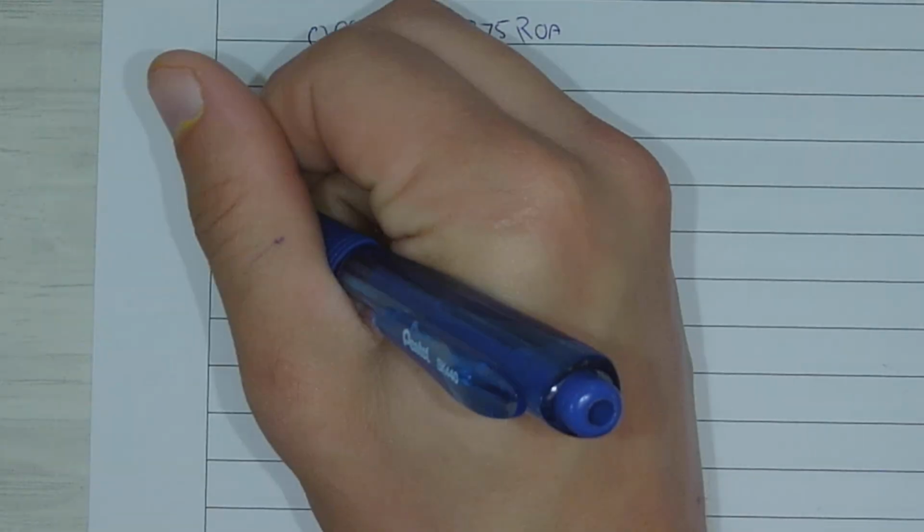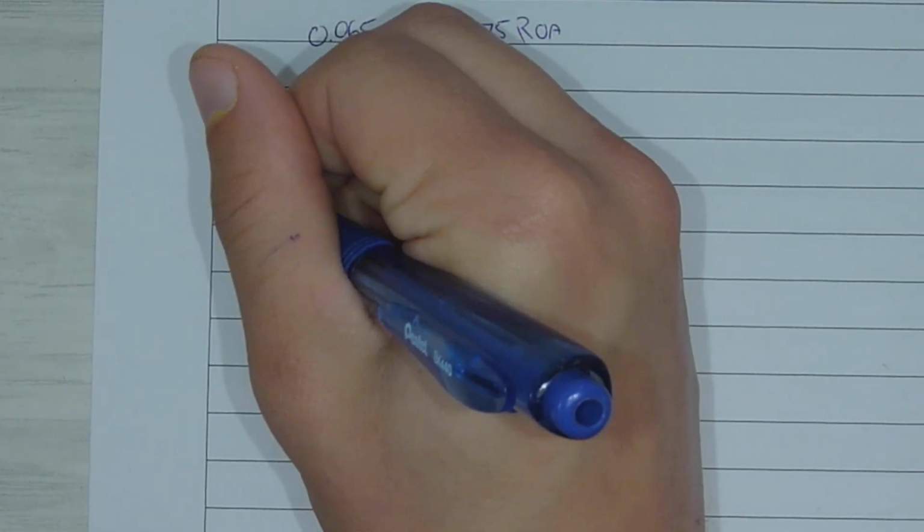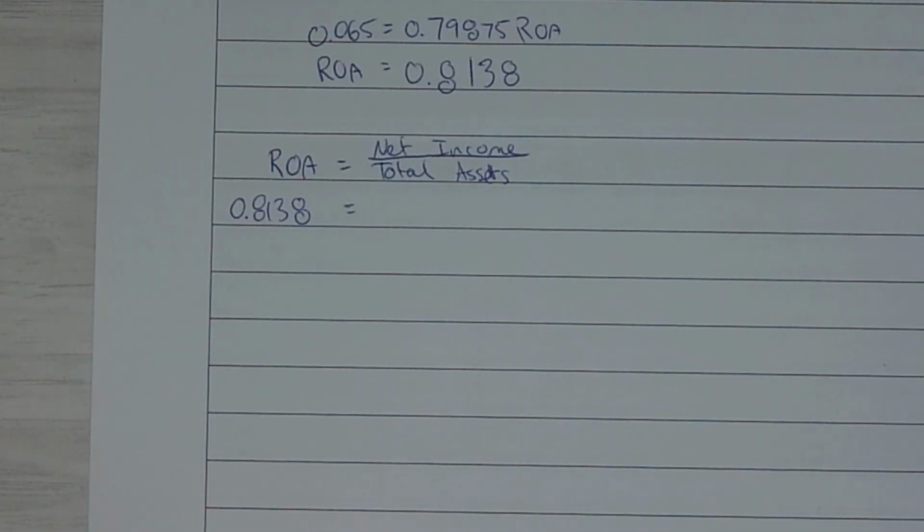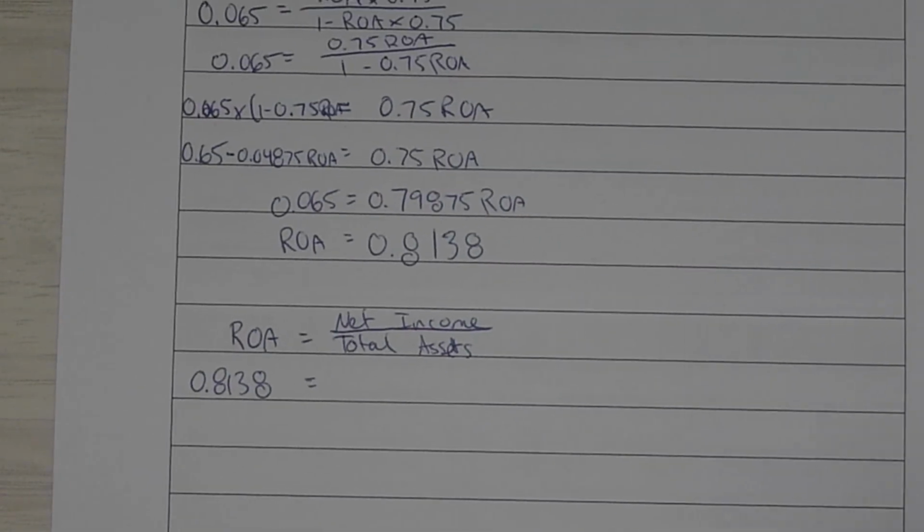So our ROA is 0.8138, and it's equal to net income divided by total assets.